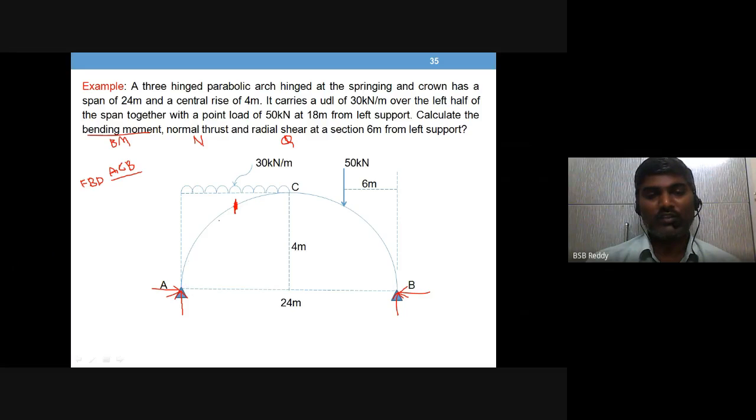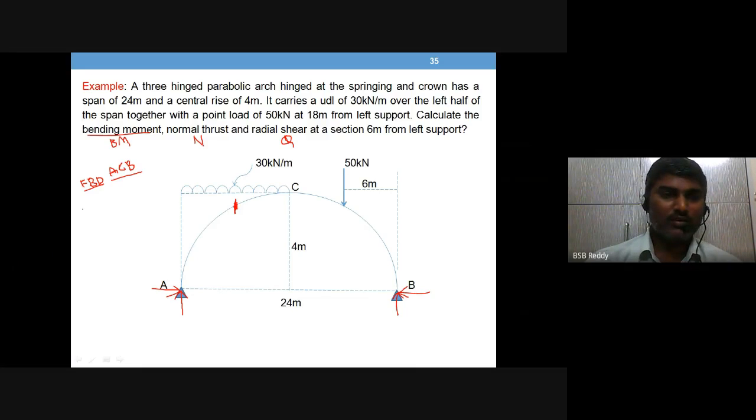You need to consider first the full arch. When you have a free body diagram with you, you need to apply equilibrium equations. So you have two loads acting on it. One is UDL, another one is point load.